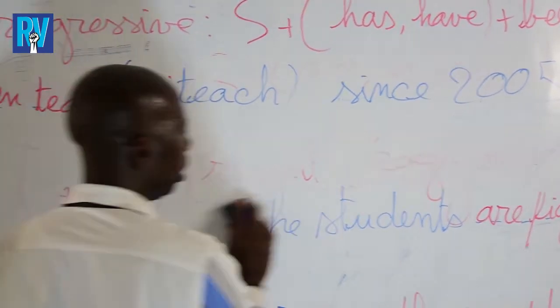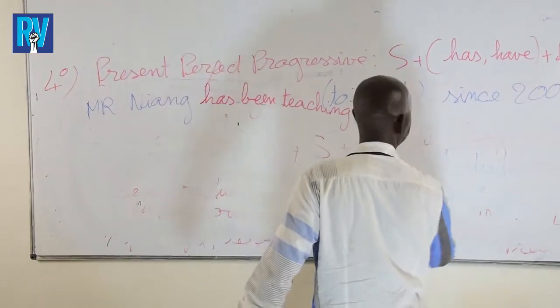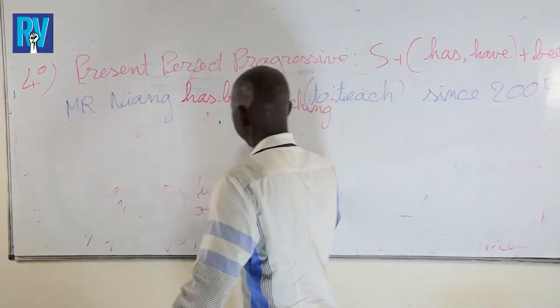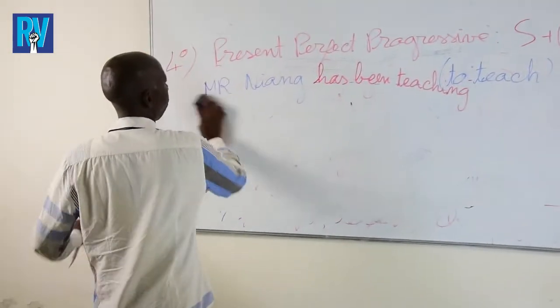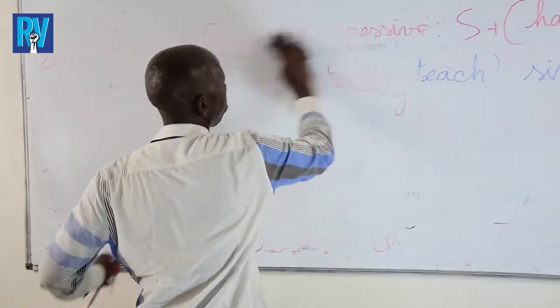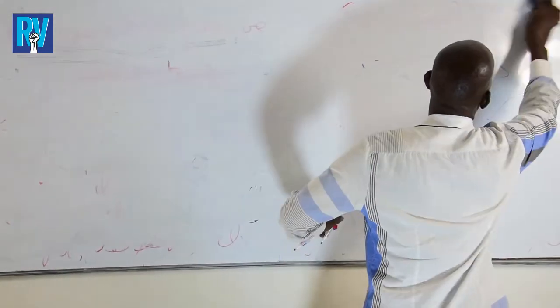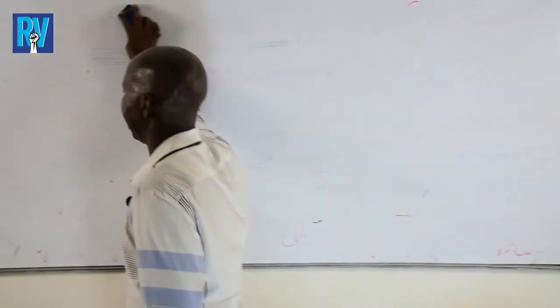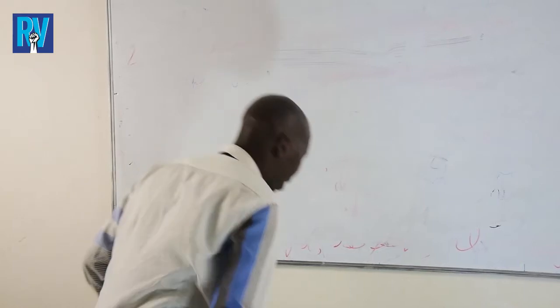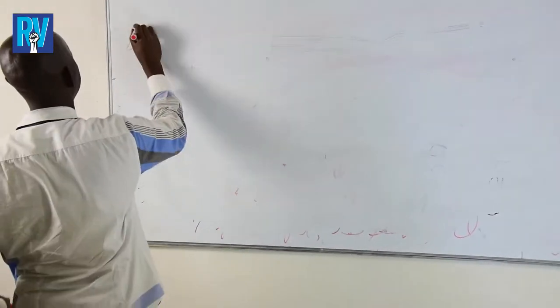Right. Now, let us see number 5. Let us see the past progressive.